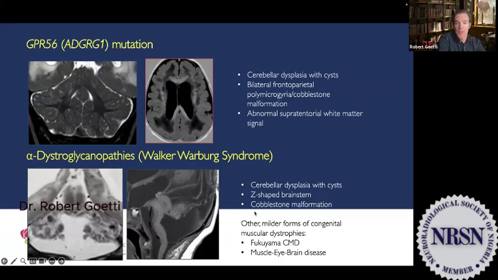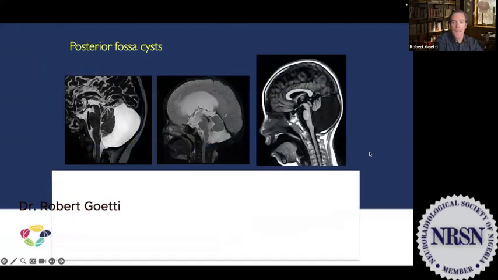They will also have a supratentorial cobblestone malformation. It's important to remember with the dystroglycanopathies, they will often also have involvement of the muscles and the eyes, and one of the milder forms is consequently called muscle eye brain disease.